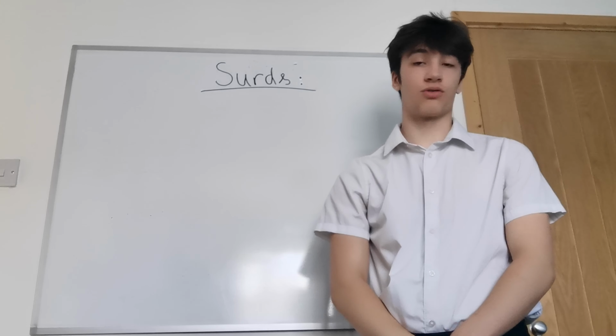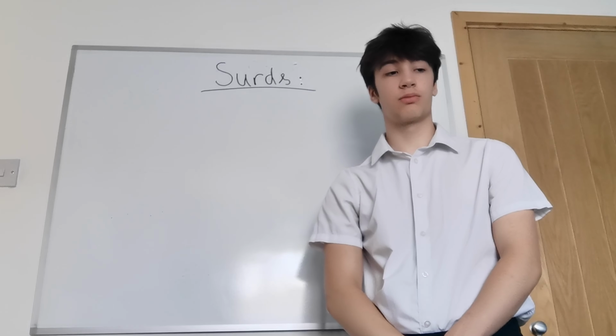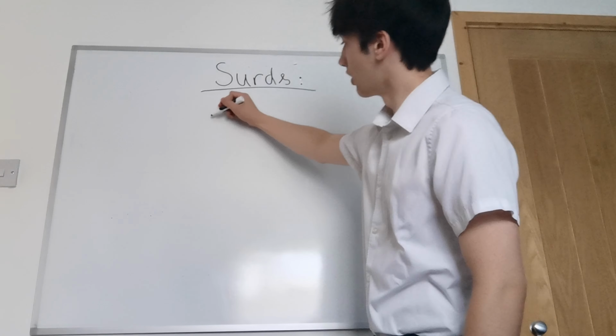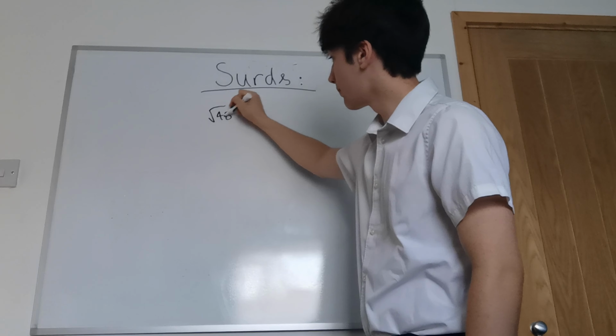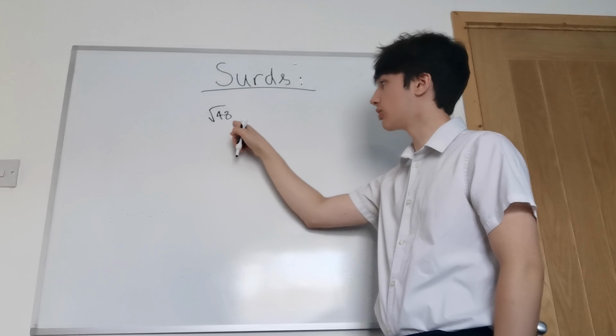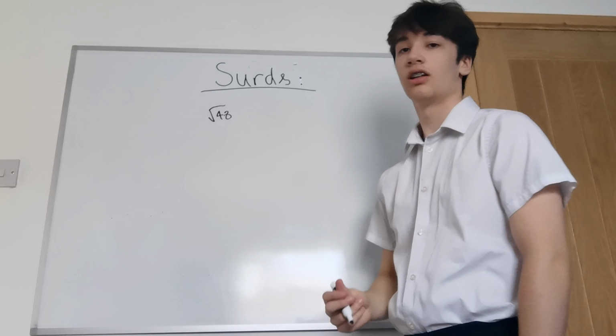Okay, now I'm going to just run through a couple more examples of simplifying SURDS so you get the hang of it. I'll take root 48. You want to find a square number that goes into 48.